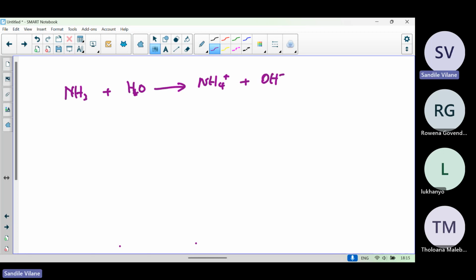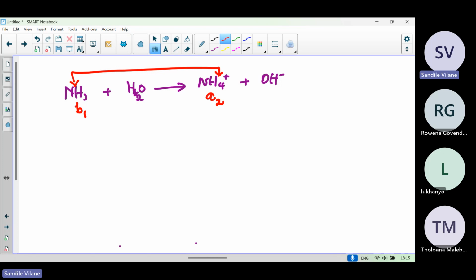So what has happened here? When the base accepts the proton, it forms the conjugate acid. So this is your base in this case, which has formed this conjugate acid.